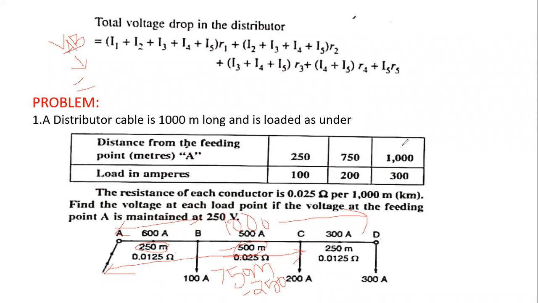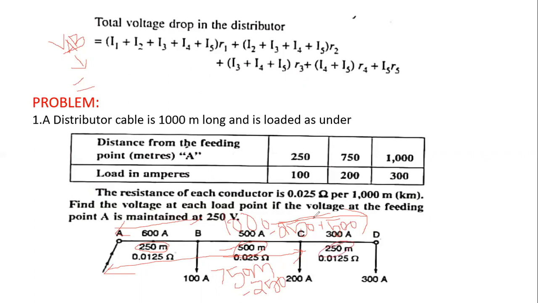Next, the distance between A to D point is 1000. Therefore 1000 minus 250 plus 500, the remaining length is 250 meters.